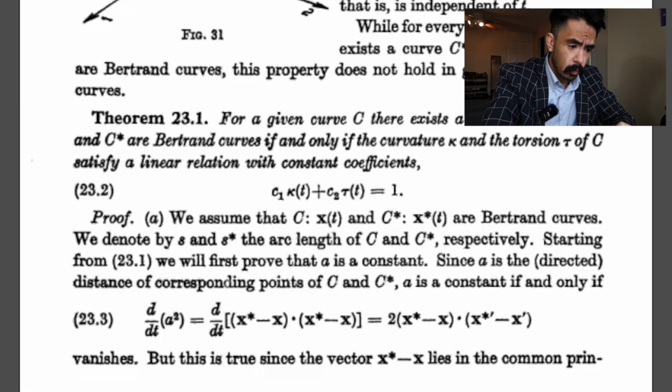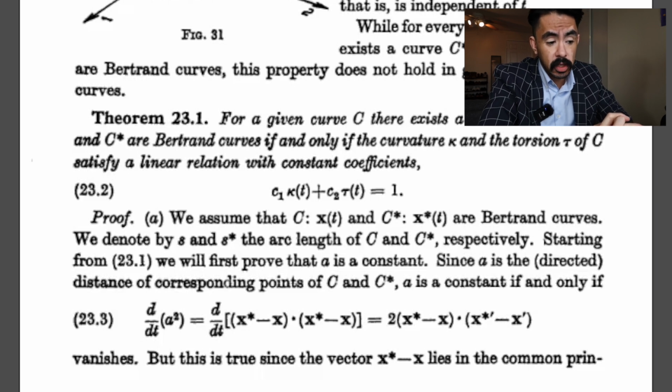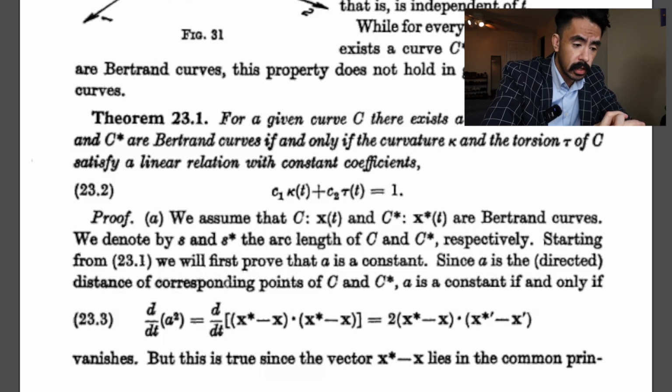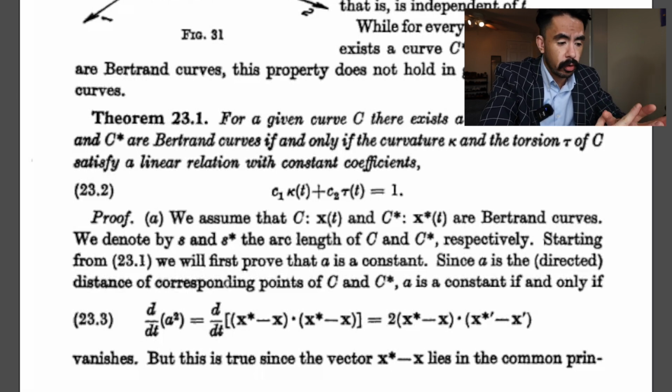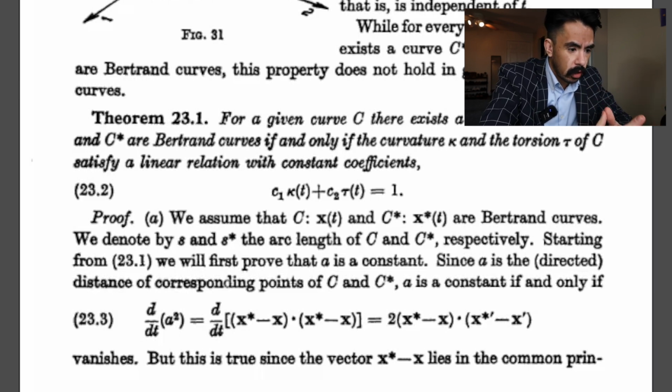Part 1. We assume that the curve C given by vector parametric representation x of t and curve C star given by its respective vector parametric representation x star of t are Bertrand curves. So the assumption in this leg of the proof is that C and C star are known to be Bertrand curves.